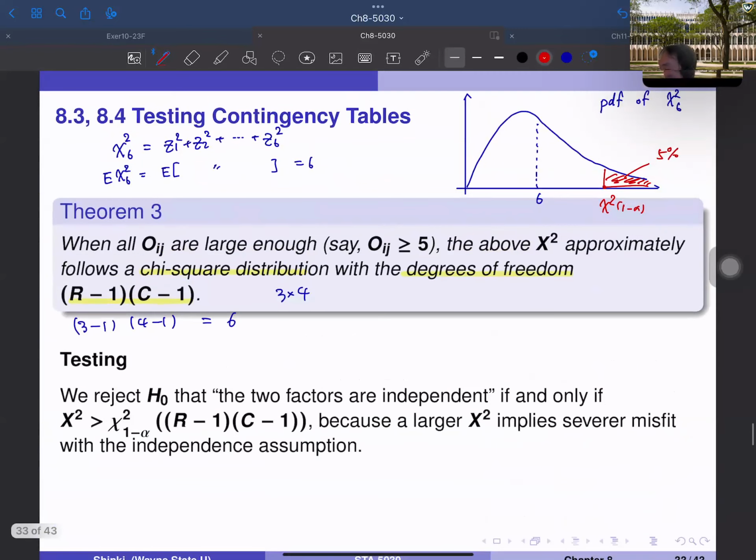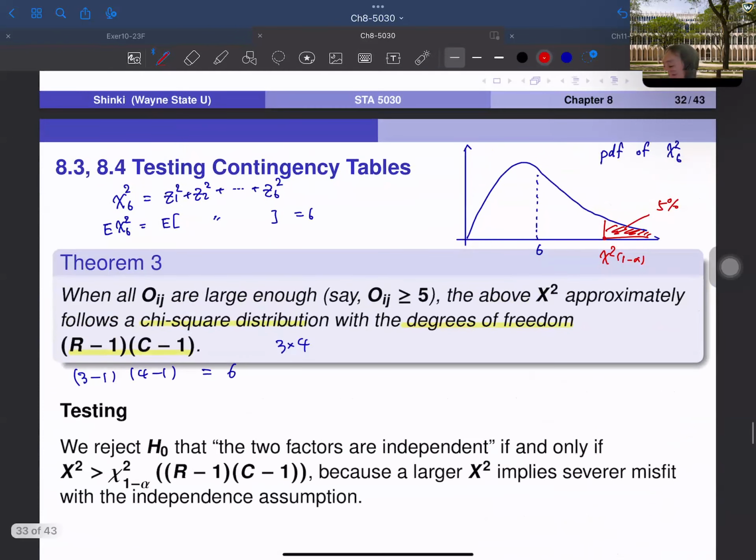So we reject the null hypothesis if this chi-square value is large enough. And our chi-square value was 13. So that is relatively larger than 6. So we are not exactly sure if it rejects the null hypothesis or not, but at least it's somewhat large. So we have some evidence of dependence between the two factors.